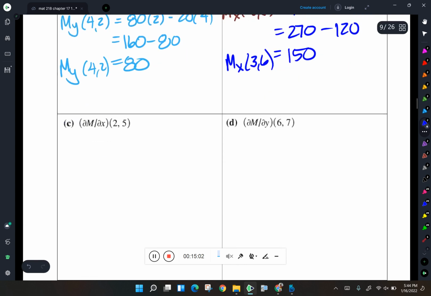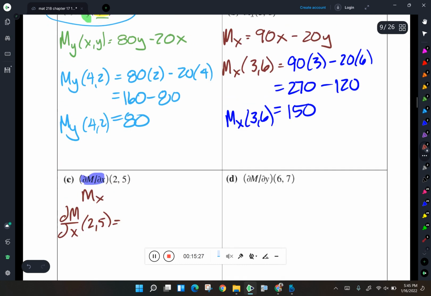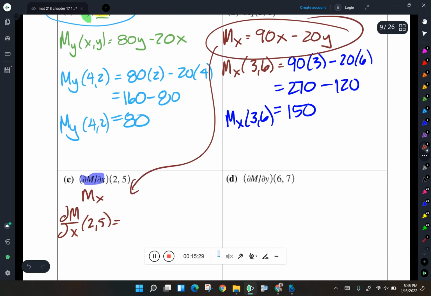What about these two guys? Well, they're changing up the notation on us, but as long as I remember what that notation means, then I can just say, well, that just means the same as this. So that's just do what I just did, but now evaluated at 2, 5. So the partial m with respect to x of 2, 5 is just going to be that function, that partial derivative evaluated at 2, 5.